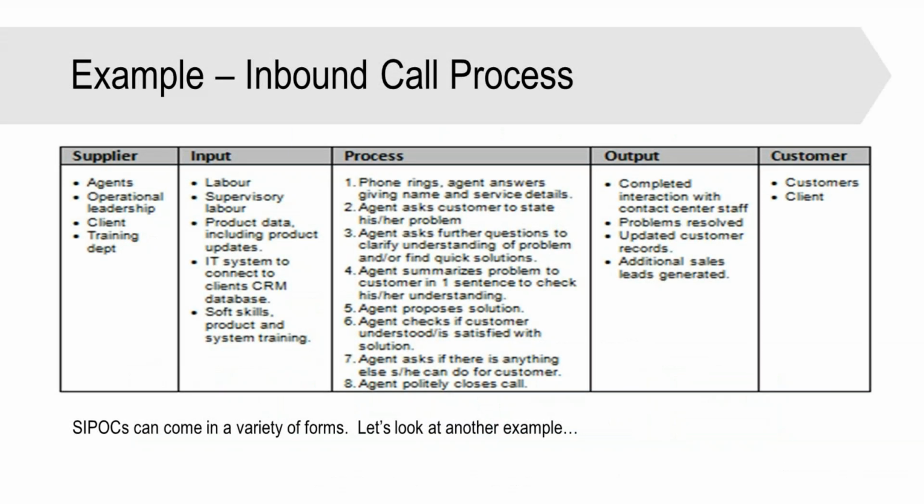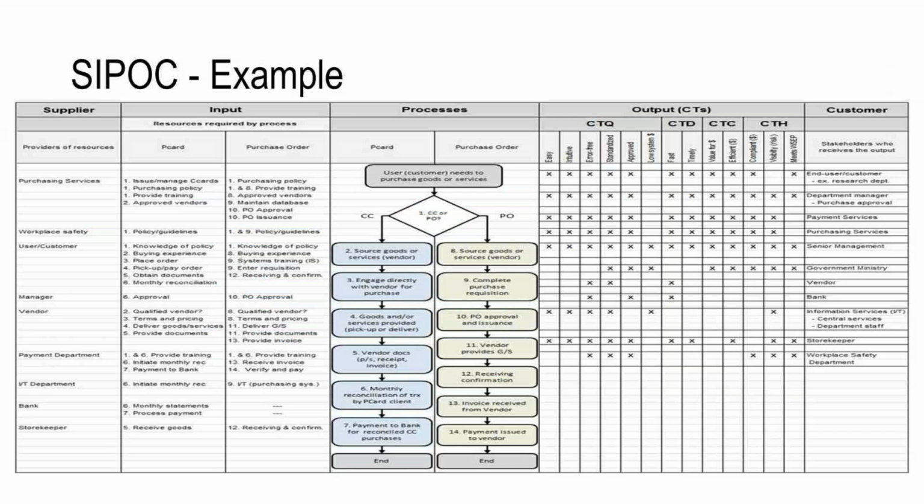Another example, inbound call process. Again, what are the key steps in the process? What are the inputs and suppliers, outputs, and customers? Now, as I mentioned before, they can come in a lot of different forms. So in this example, on the right-hand side for the outputs, we have it broken down by the critical twos. So you may want to be thinking about what are the characteristics that are important to those particular outputs?